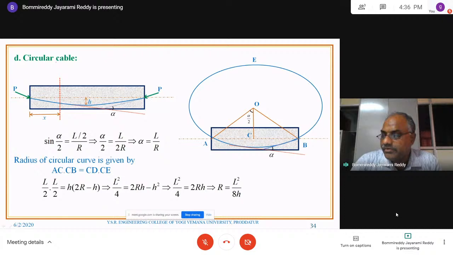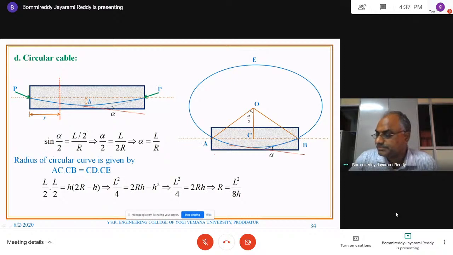Next, if it is a circular cable, how to calculate alpha? You know that this is a beam and the cable follows a circle. Assume that it is a circle, even though it does not look like one. It follows the complete circle. So in this particular case, there are two ways to define this.